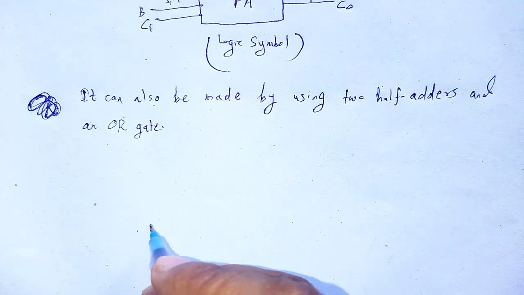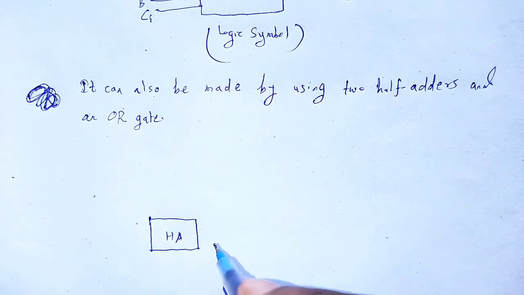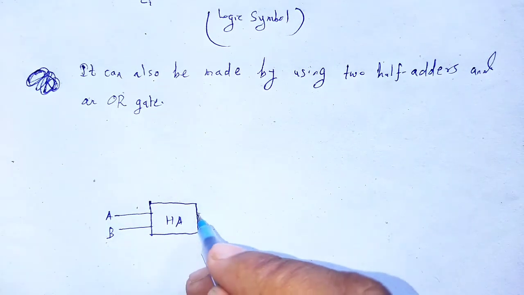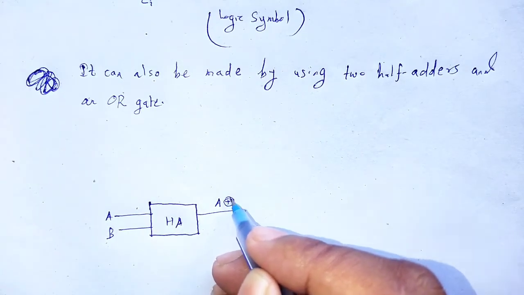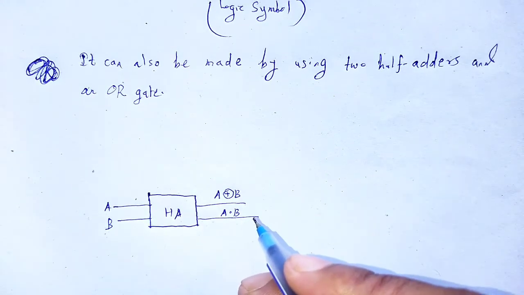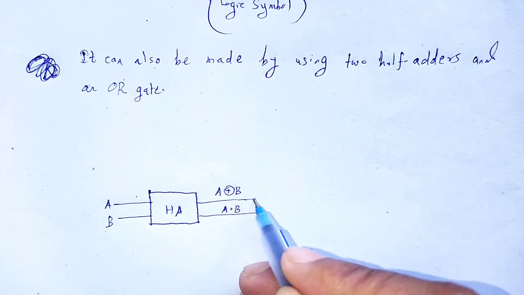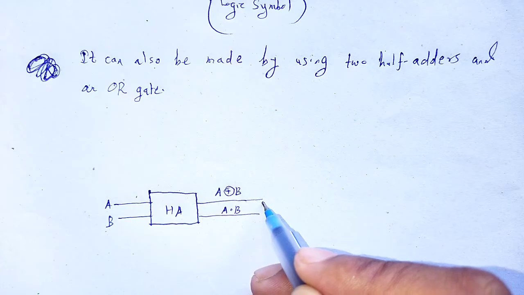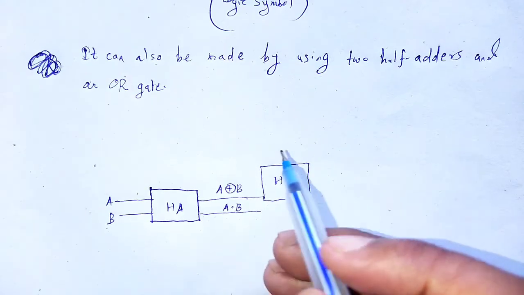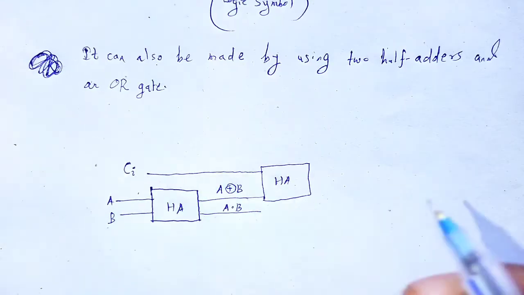Let a half adder be used, it has the inputs A and B. So at output we obtain A XOR B and A and B. So A XOR B is the input for another half adder with the input carry in.